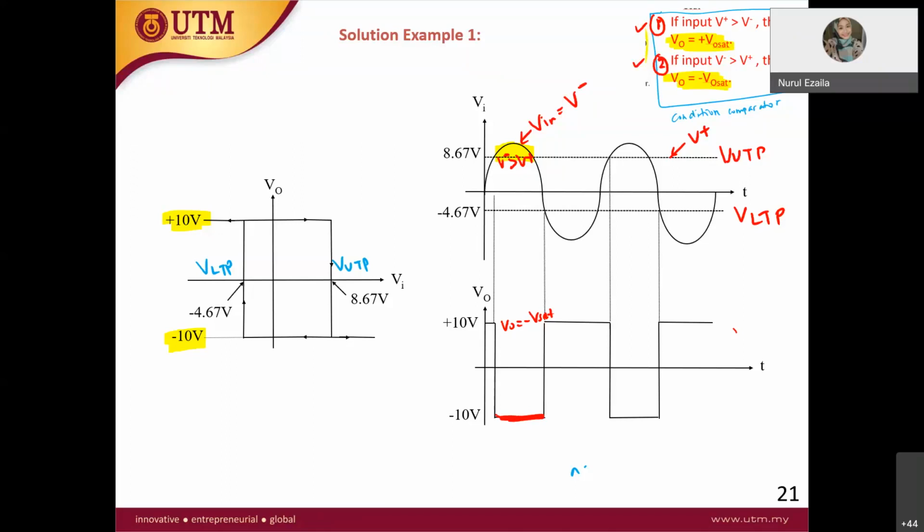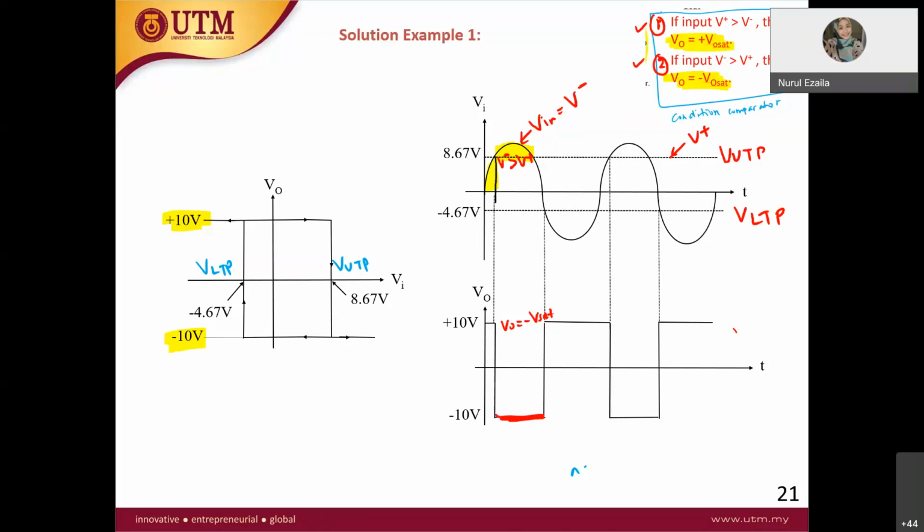Here is the line of the output. So let's take a look over here. You have the line over here. I use a different color. So this is the line. You have this region here.